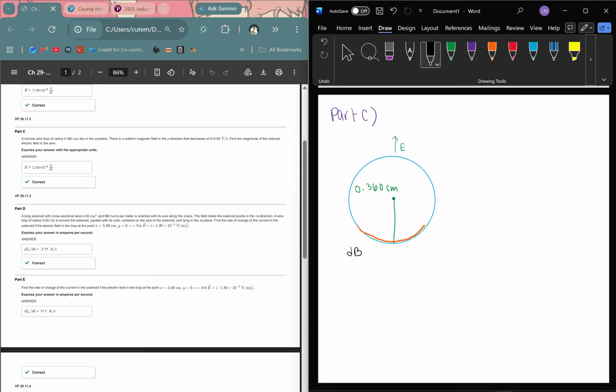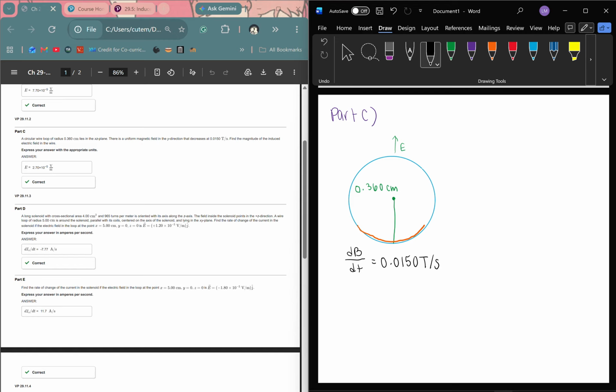So we know that the uniform magnetic field, dB/dt, in the y direction, decreases at 0.0150 Tesla per second. That's all we know, and we need to find the magnitude of the induced electric field in the wire.